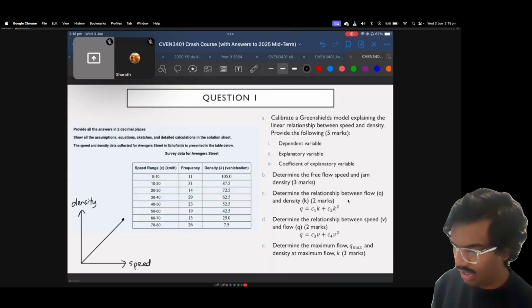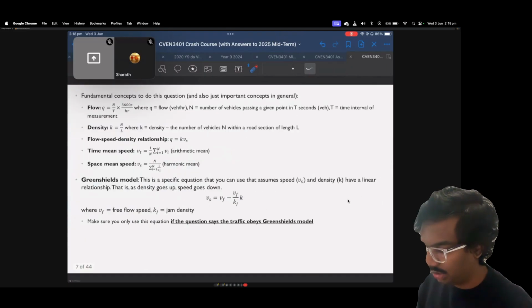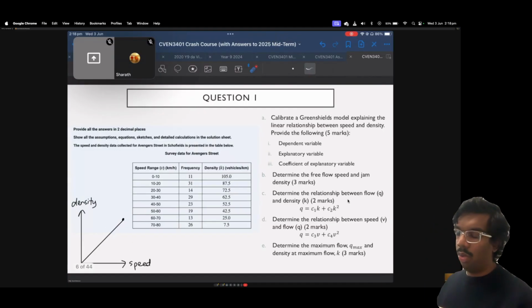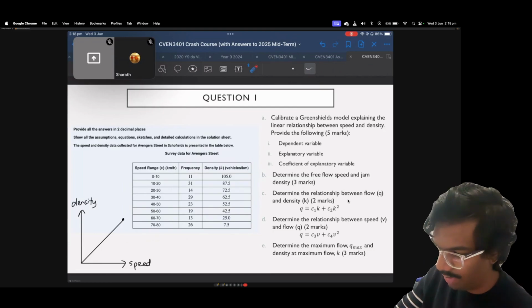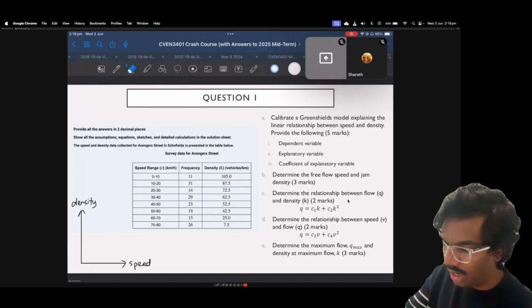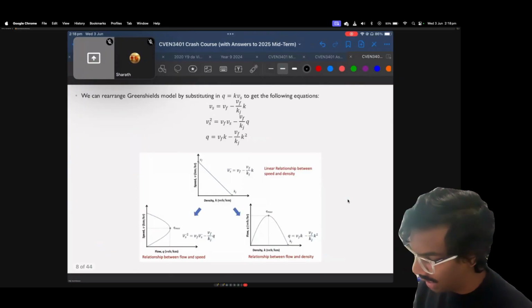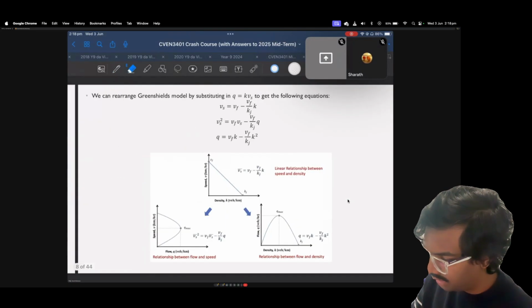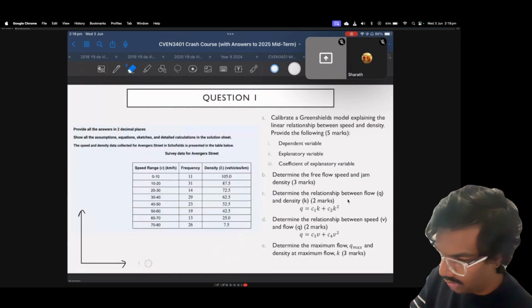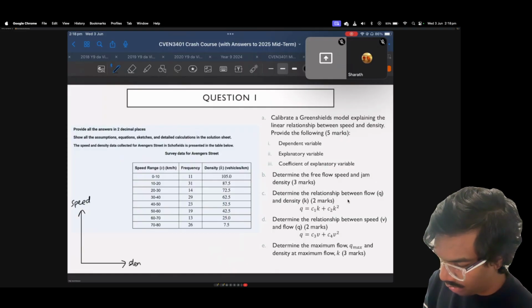So speed and density have a linear relationship. Oh, actually no, it'd be the other way around, sorry. It'd be downwards. Sorry, let me check. It is down, yeah. So I'm going to replot it, with speed up here, and I'll try to explain it to you, and then we'll read through the question.